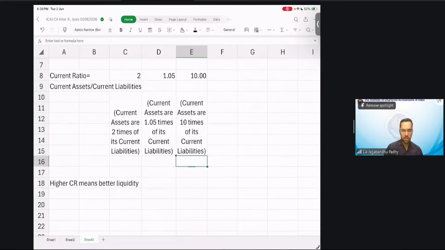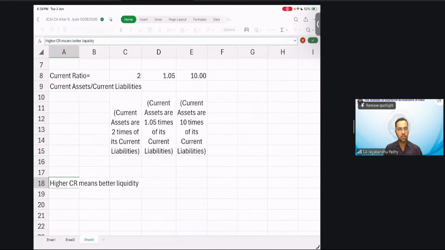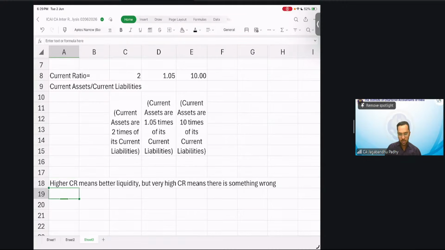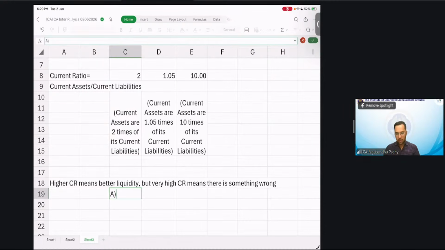Well, high current ratio means better liquidity, definitely. But very high current ratio means there is something wrong. Now, what could be that wrong thing? First, tell me, why would a current ratio be very high? What could be the reasons for that?